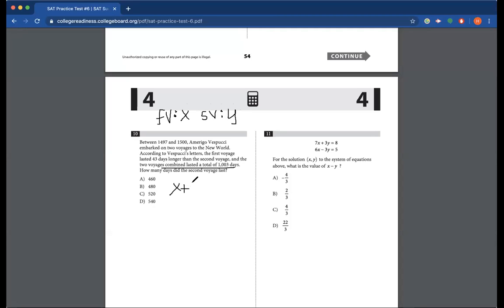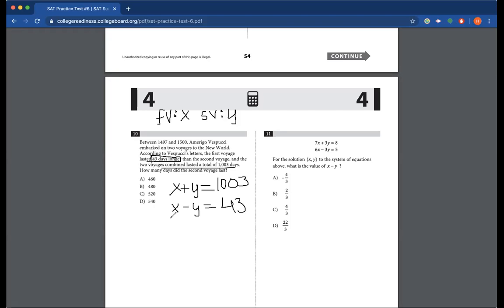So our first voyage plus our second voyage has to equal 1,003 days. Now we said that the first voyage lasted 43 days longer than the second voyage, right? So X minus Y gives us 43. Therefore, X is 43 days longer than Y.